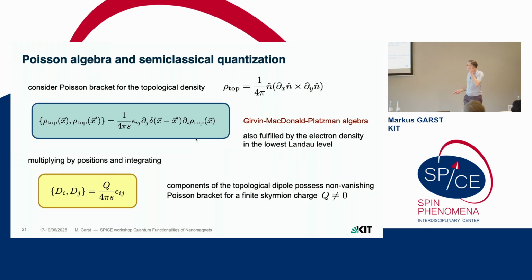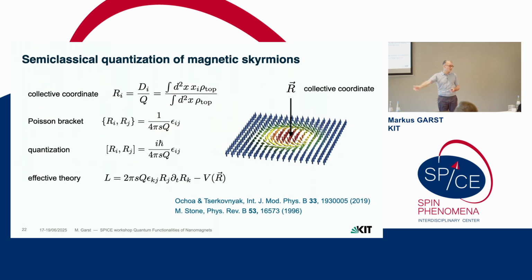So this means if you have a skyrmion in a system with finite topological charge, the two components of the dipole moment do not commute. I mean, they have a non-vanishing Poisson bracket. So this is basically bringing us towards our goal of semi-classical quantization.